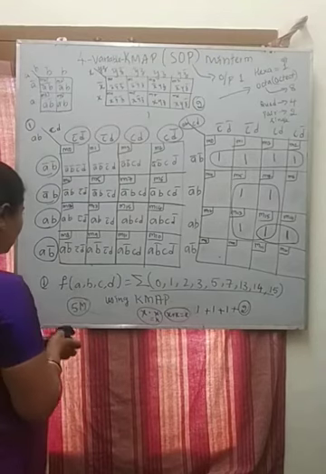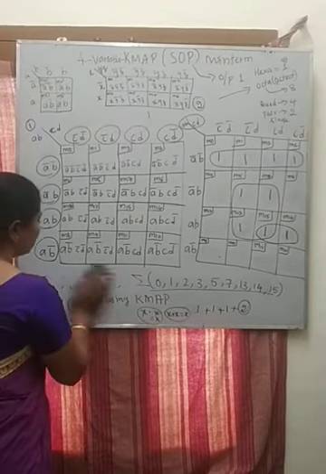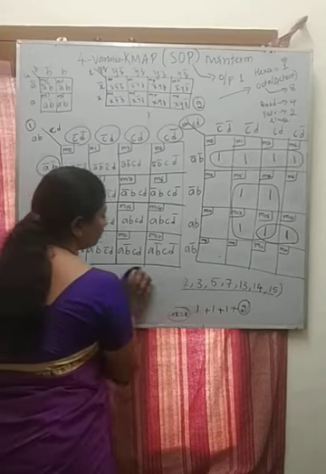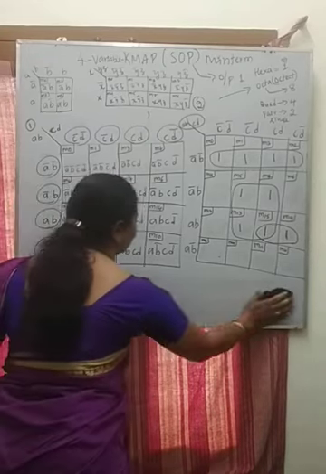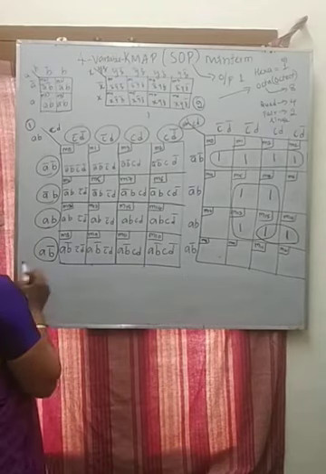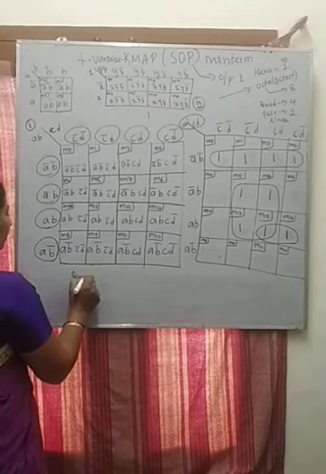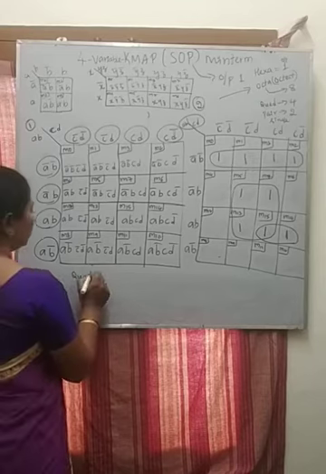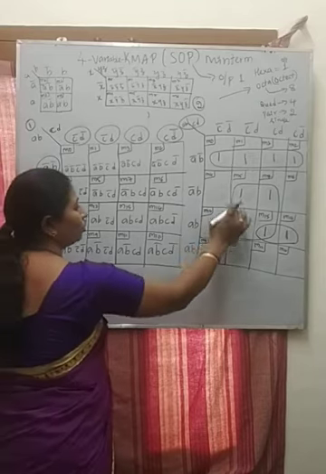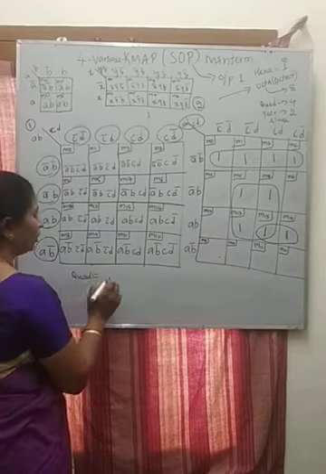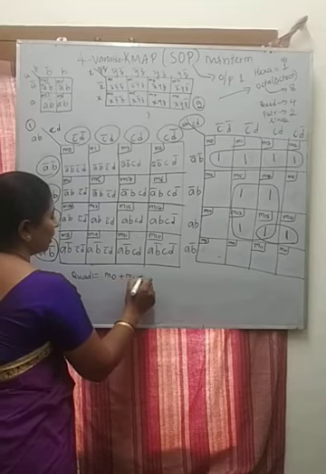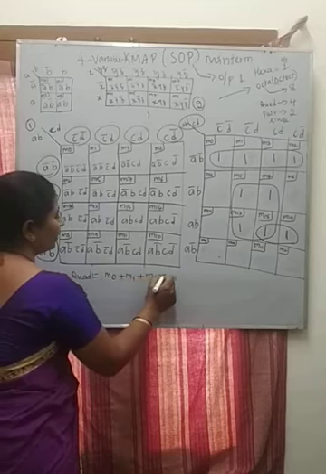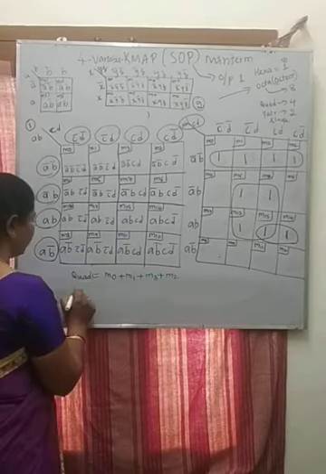Can I erase it now? So I am going to erase this now. How can we reduce that particular first quad? Quad 1, quad 2. In quad 1 you have done M0, M1, M3, M2.